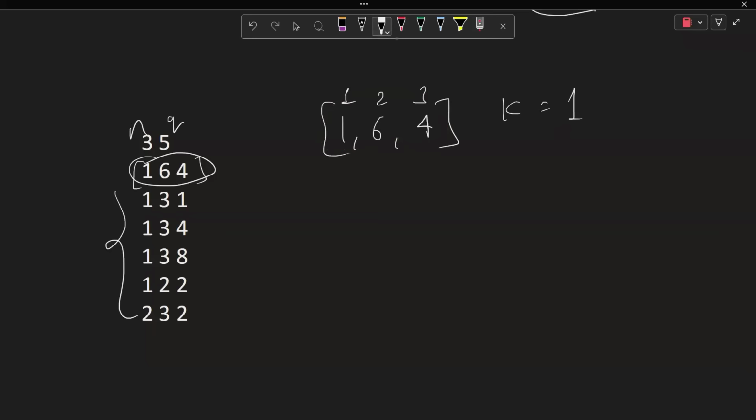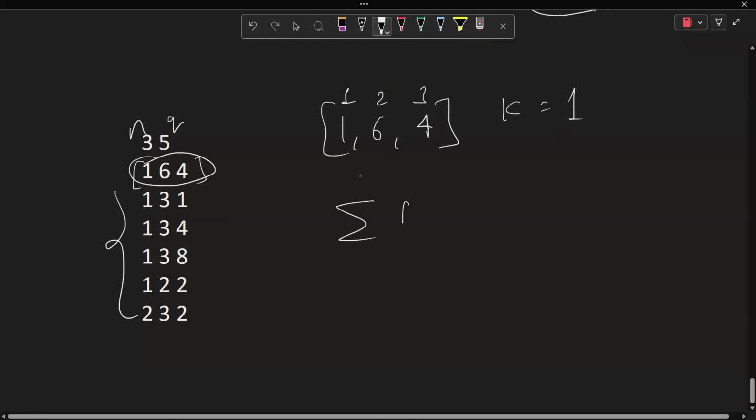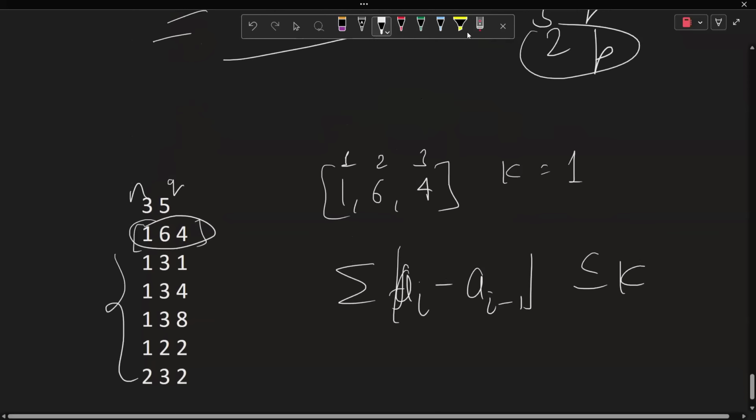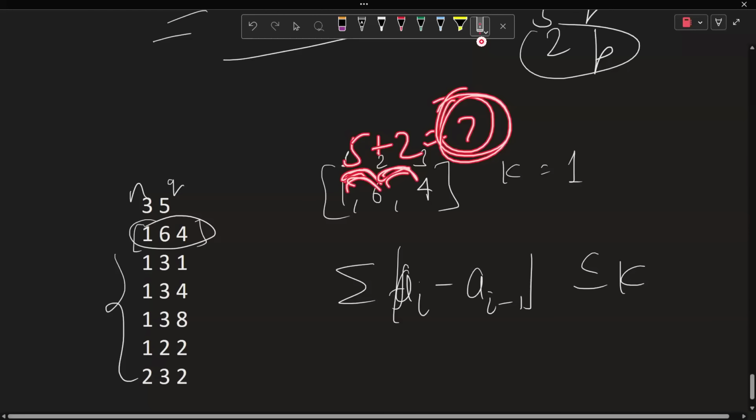What you need to reduce is the summation of the absolute differences |ai minus ai-1|. What is this for this array? This difference is 5, this difference is 2. So 5 plus 2 is 7. So 7 is the sum of differences between the adjacent elements.